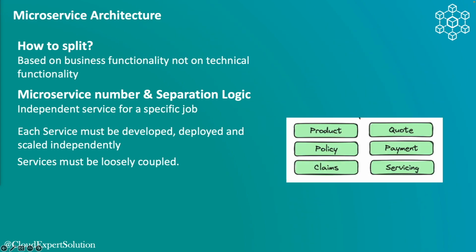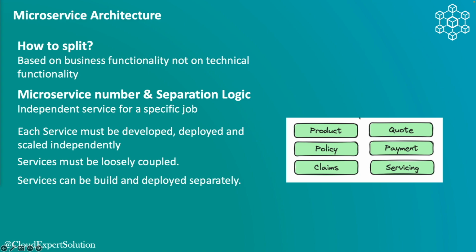Let's assume that we have this microservice architecture where we have separate services for product, policy, claims, quote, payment, and servicing. Now, if we want to deploy one service, let's say the policy service, we should build and deploy it separately. There should be separate CI/CD pipelines which will deploy only the policy service.